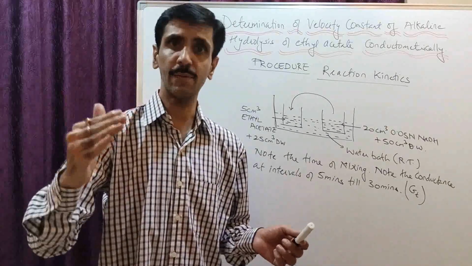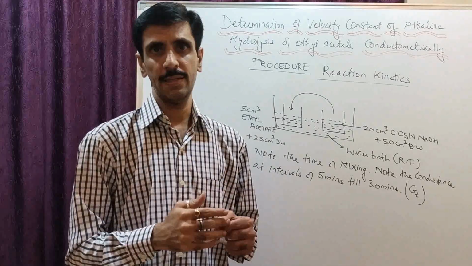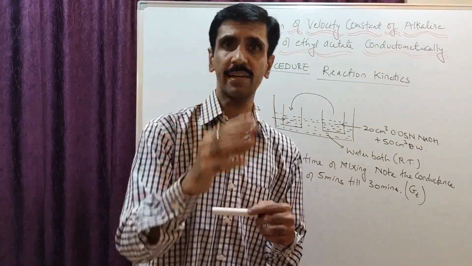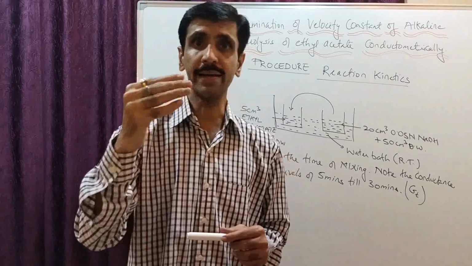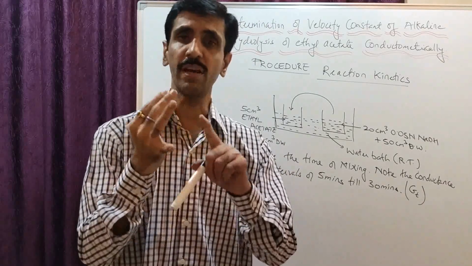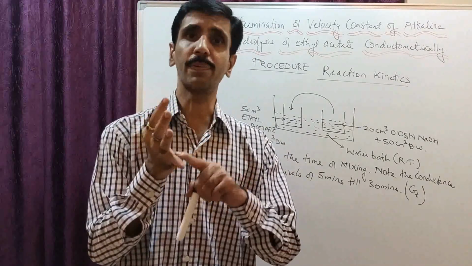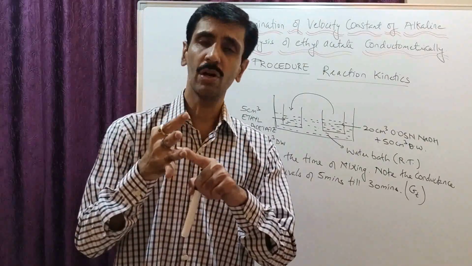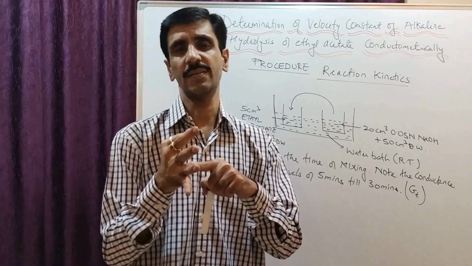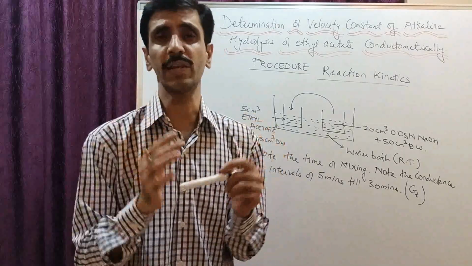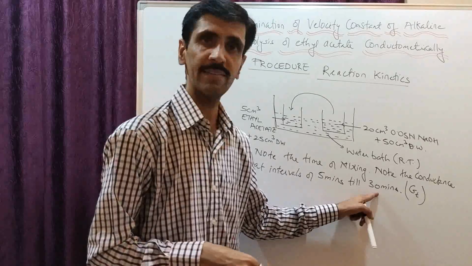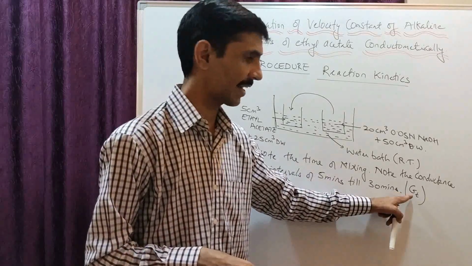You have to take readings at 5-minute intervals. If you mixed the two solutions at 8 o'clock, your first reading will be at 8:05, then 8:10, 8:15, 8:20, 8:25 and 8:30. This way we take 6 readings at intervals of 5 minutes, which comes to 30 minutes.